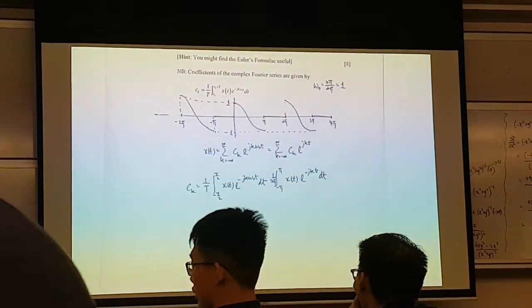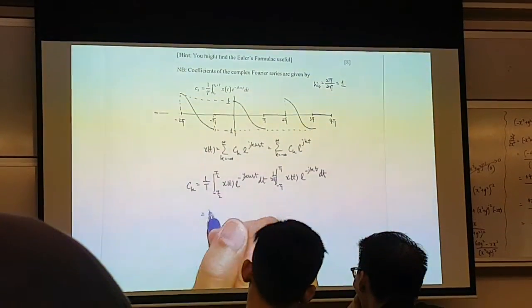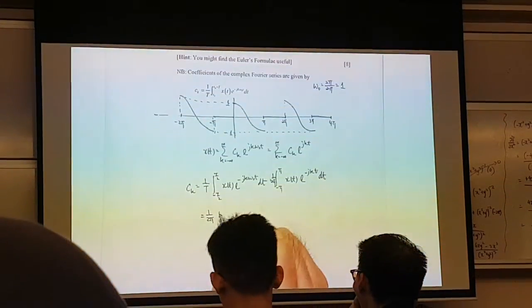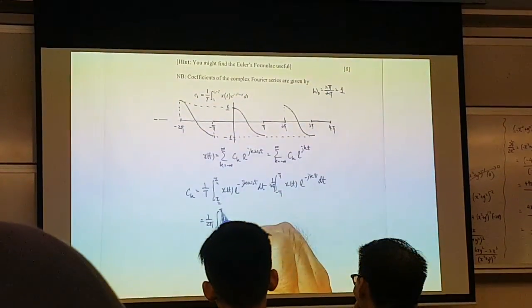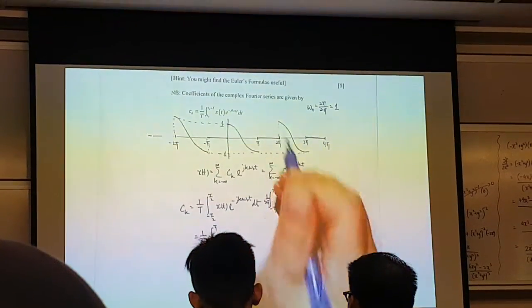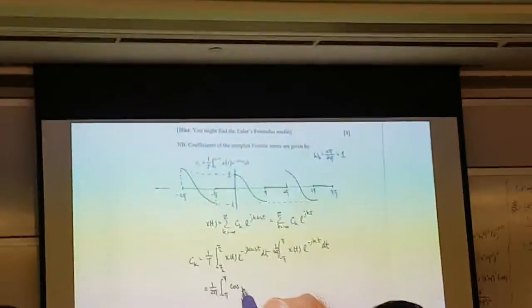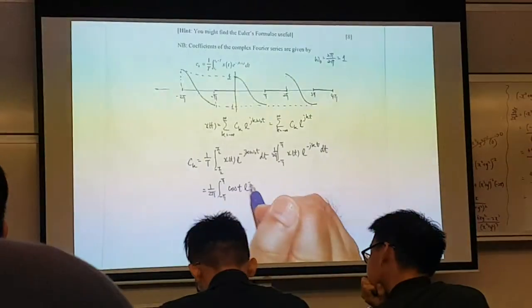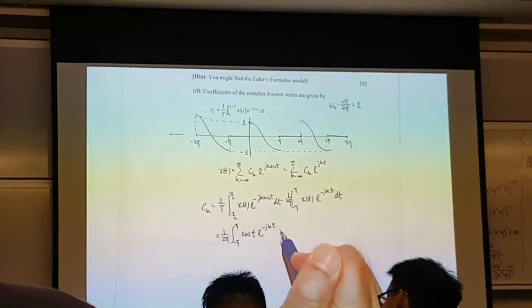So now what you have here is 1 over 2 pi, integrating from minus pi to pi. x(t) is equal to what? x(t) is equal to cosine t, and then e to the power of minus j k t dt.